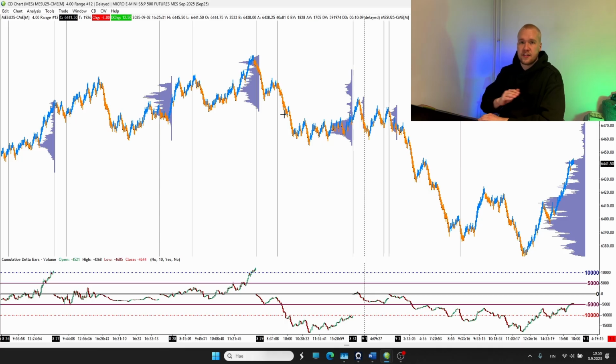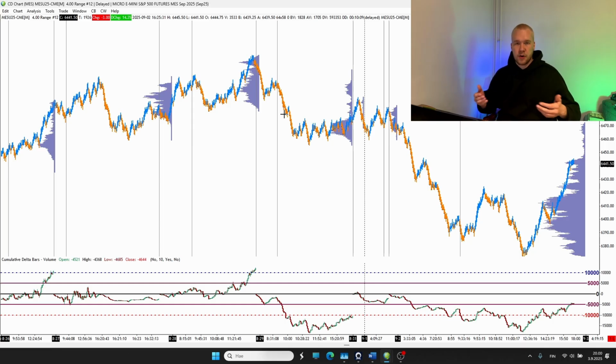It doesn't matter if there's a delta divergence, for me at least, at the end of the day. It only matters if it's there once I trade. And I can pretty comfortably say it almost never happens. And if it does happen, it is such a minuscule move in the cumulative delta that it's barely nothing, right?